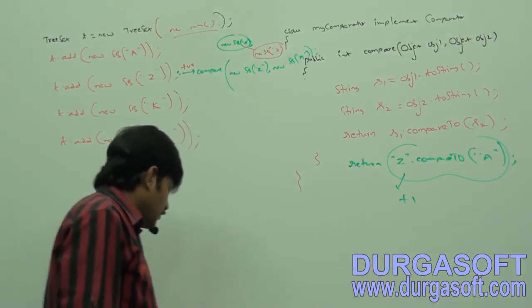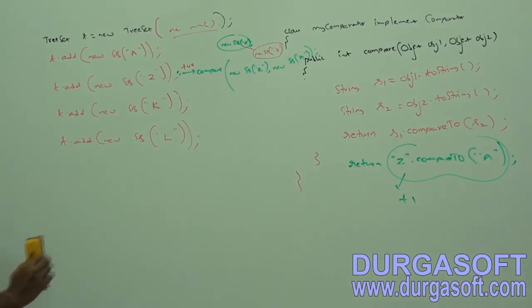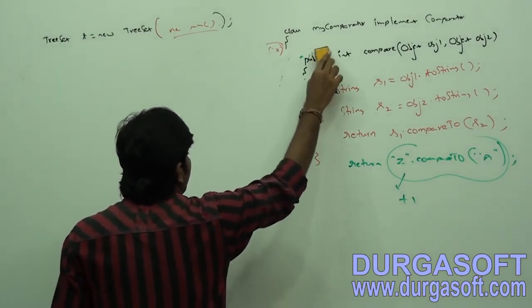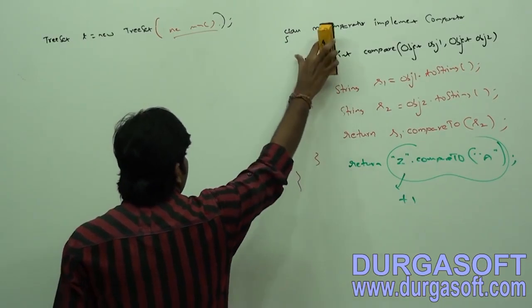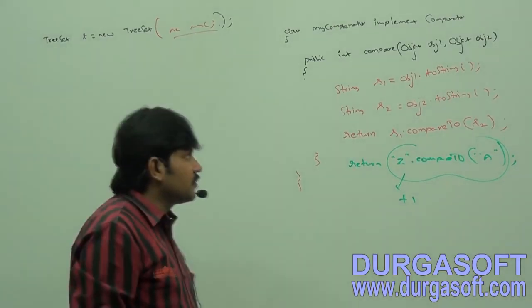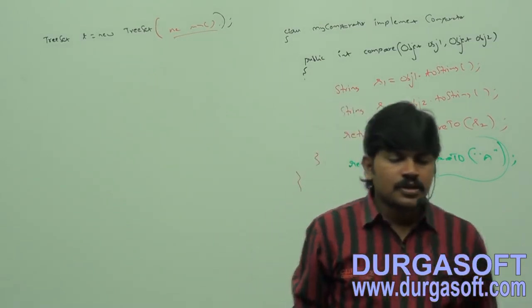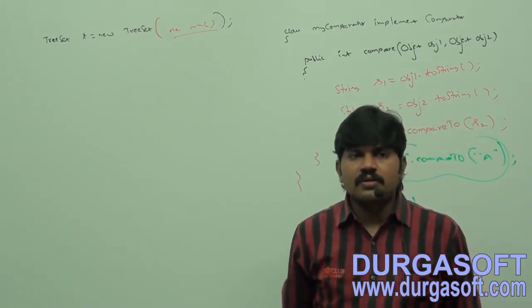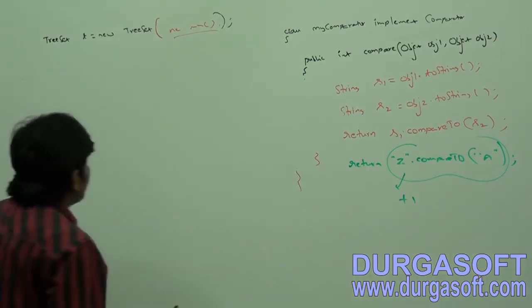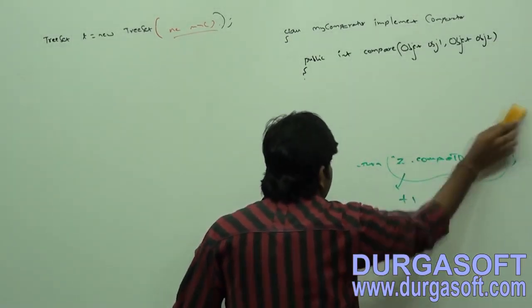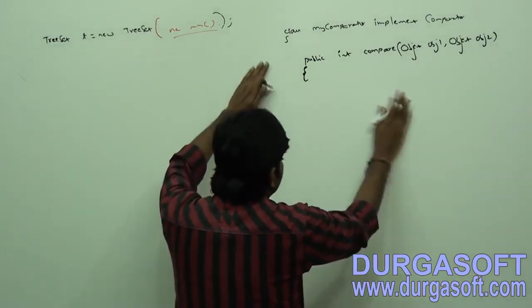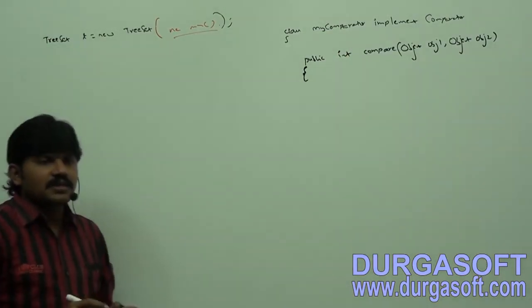Write a program to insert String and StringBuffer objects into TreeSet, where sorting order is increasing length order.